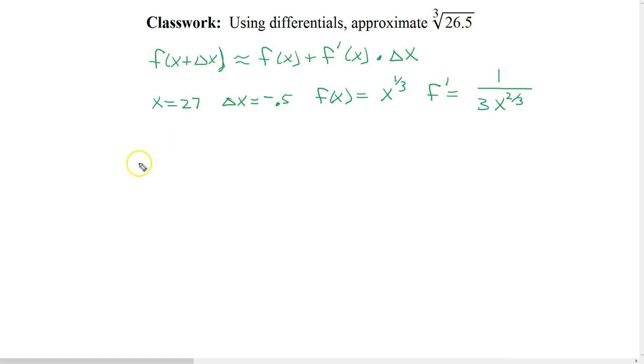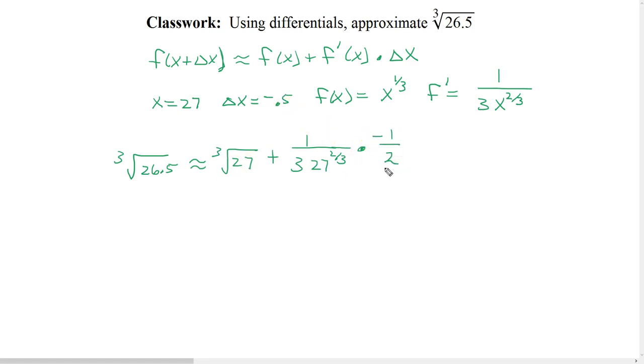So now plugging everything in here, the cube root of 26.5, that's our left-hand side, is going to be approximately f of 27, that will be the cube root of 27, plus f prime of 27, so we plug 27 in here, times our delta x, which is negative 1/2.